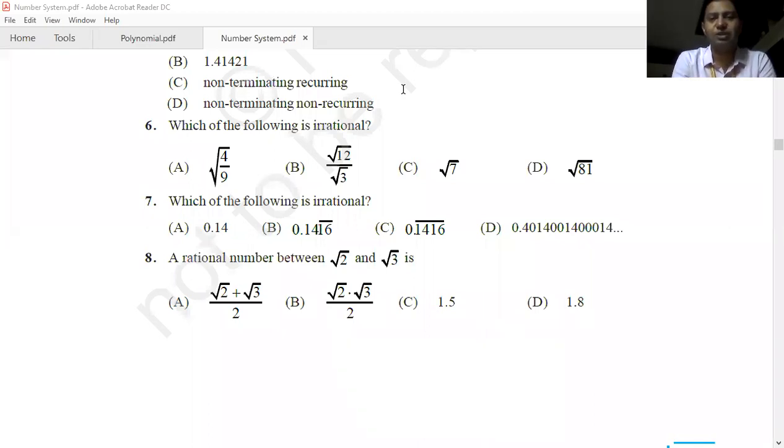B and C are rational because a number which can be represented in the form of p by q is rational. Any number with a bar can be represented as p by q. So only D is the number which cannot be represented in the form of p by q.